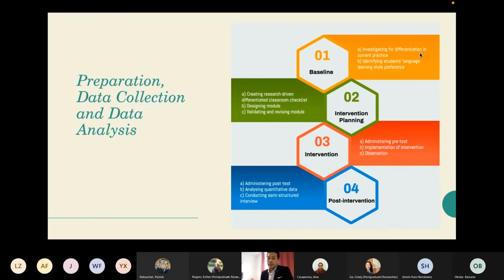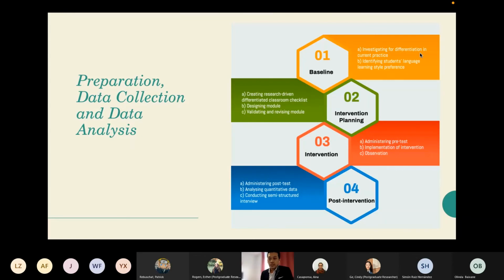And during the baseline phase, I also identified the students' language learning style preference so as to differentiate the learning activities according to their learning style preference.